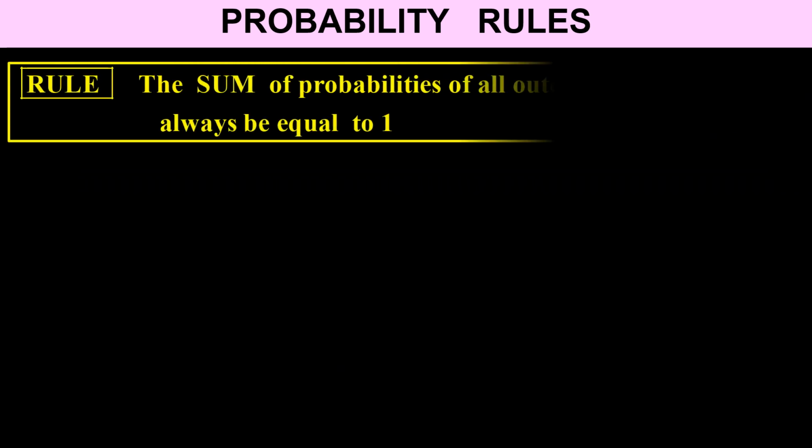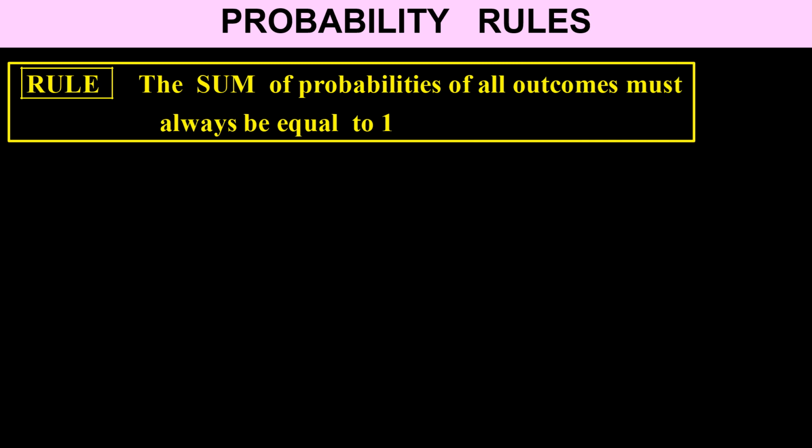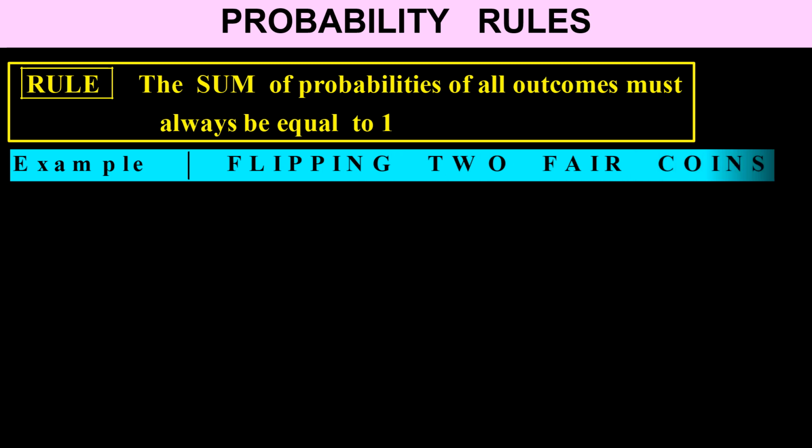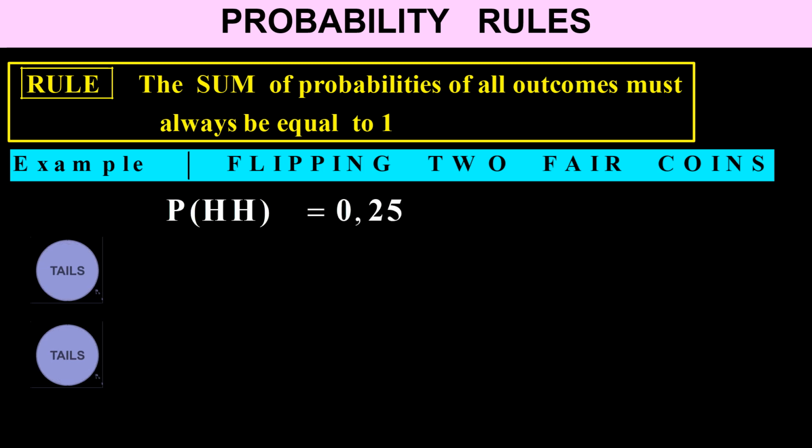Let us consider another example to illustrate that the sum of probabilities of all outcomes must always be equal to 1. Let's consider the case of flipping 2 fair coins. So there we have our 2 coins. So we can have probability of heads and heads, which is 0,25. The probability of getting a heads and a tail is 0,25.